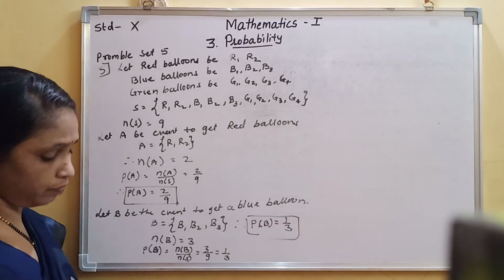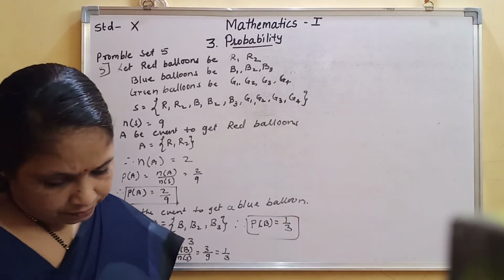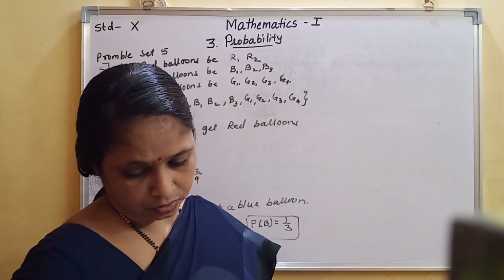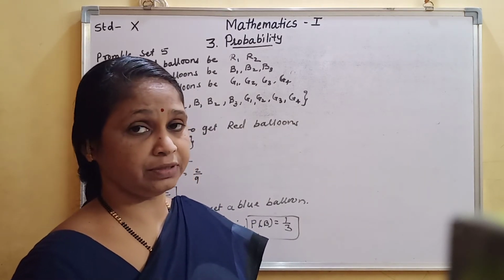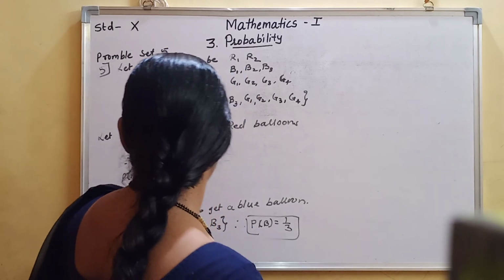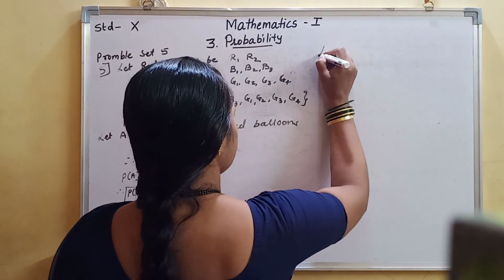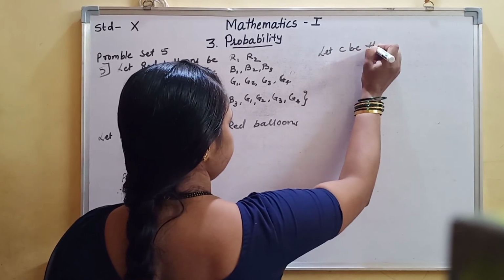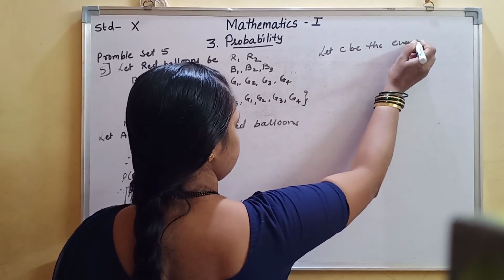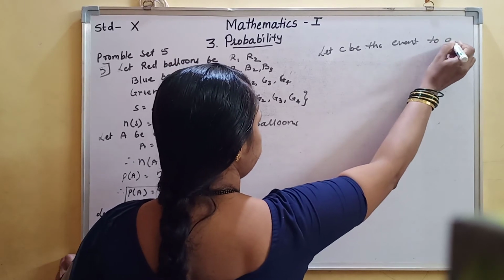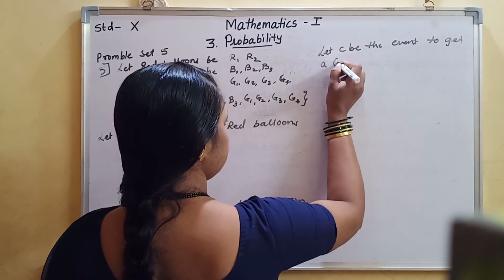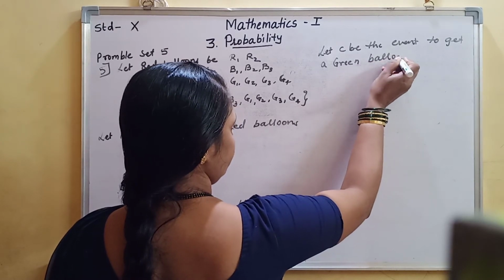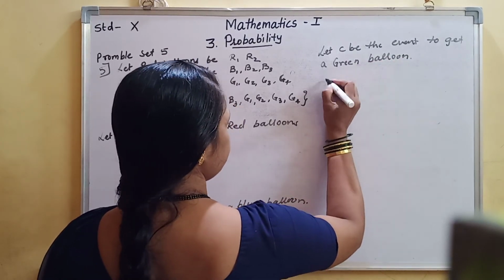Now next you have to find a green balloon. Let C be the event to get a green balloon. So what will it be?